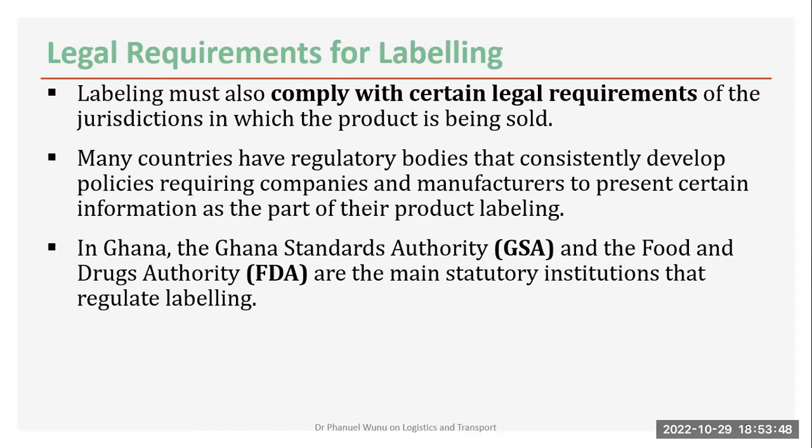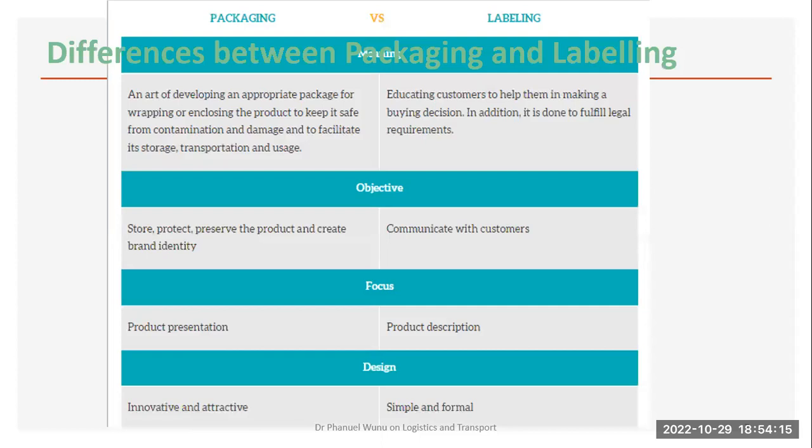There are some legal requirements that you need to work with. For example, in Ghana, when you want to label your product, you have to look at the requirements by the Ghana Standards Authority and the Ghana Food and Drugs Authority, and it differs in every jurisdiction. Even though packaging may also require some regulation, what is more regulated is the label and the information required on every label.